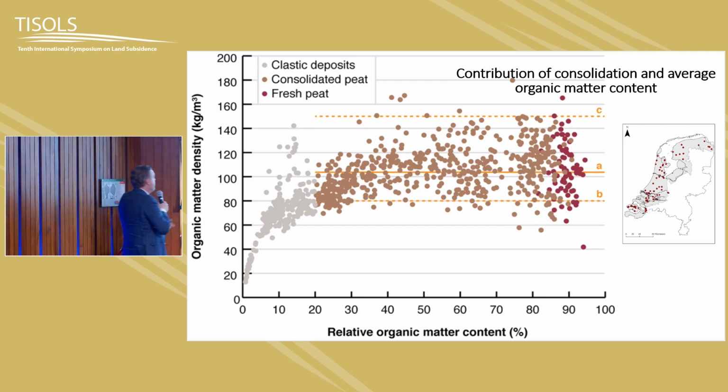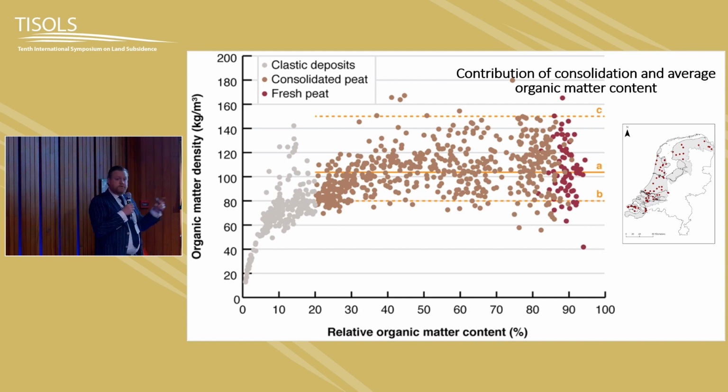There is a relationship, however, for the more clayey samples: between the relative organic matter content and the organic matter density. The good thing, the easy thing, is that even though we have a wide range, we can have an average organic matter density for all peat samples in the Netherlands, which is 103 kilograms per cubic meter. We have a wide range with a lower boundary of 80 and an upper boundary of 150, but within this range, the organic matter density is available for all the peat samples.